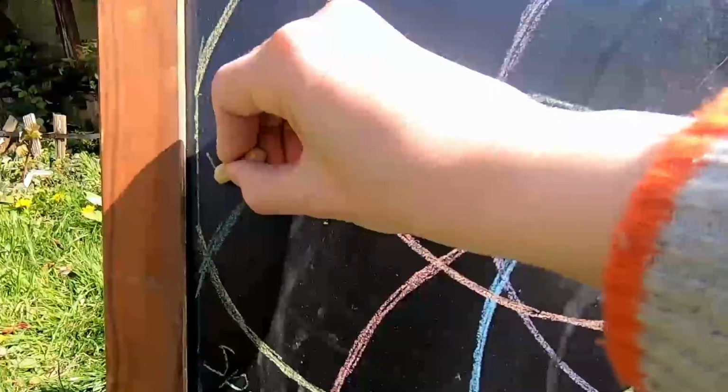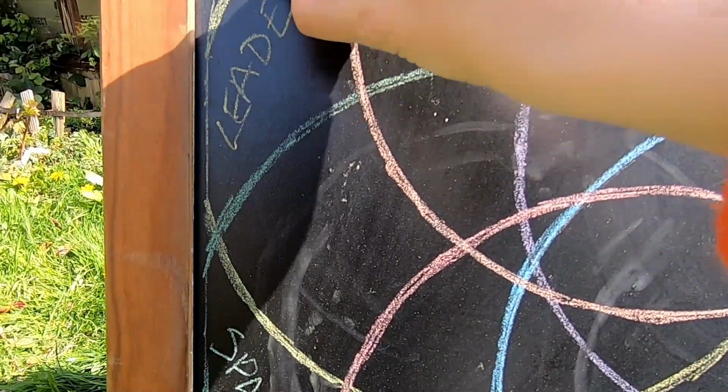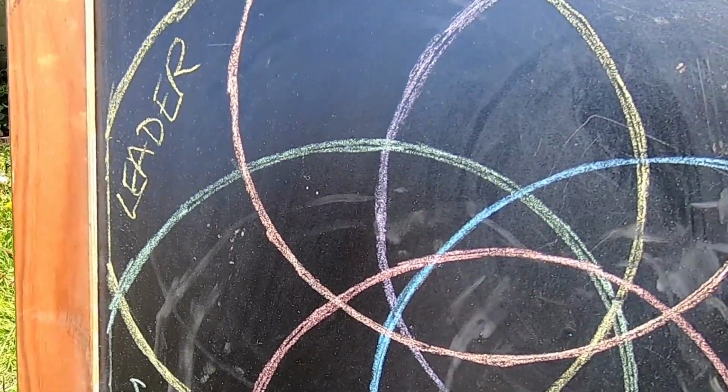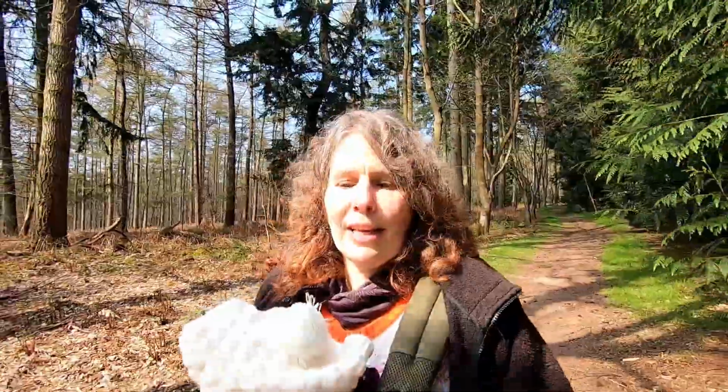Then there's the leaders. So there is a qualification associated with Forest School, and the level 3 qualification is the leadership qualification. So that's the level that you need to be setting up and running Forest School programs. So that training will cover everything that you need to know to get up and running with Forest School.